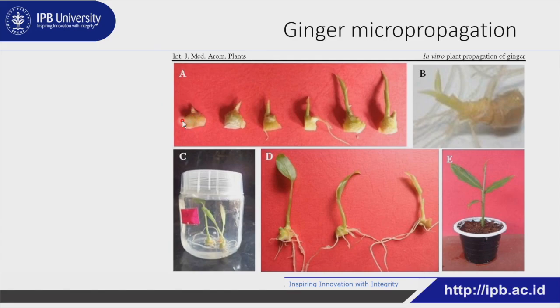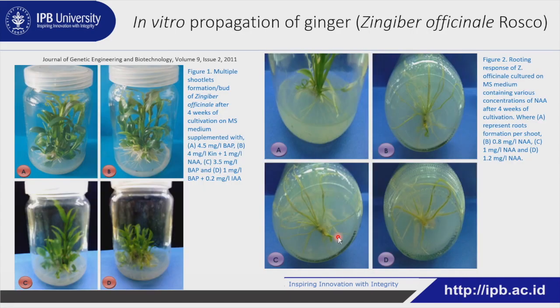And after that we do the sterilization, and we put it in the right media, and then they will grow, producing new shoots. Then after that we can do division, and we can produce new plants. Using several additions of plant growth regulator, of course, we can also direct how the plant will look, such as this.